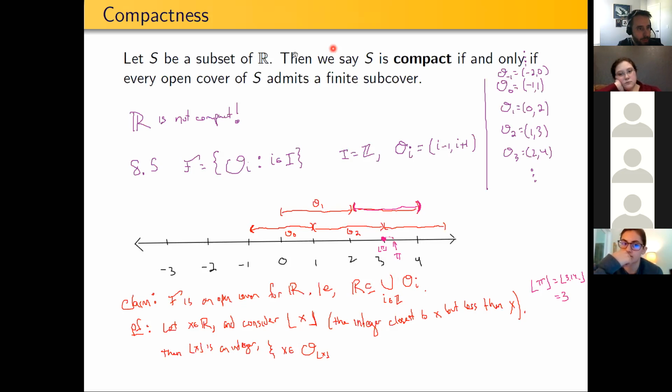So to put a bow on this proof, x is definitely in the union of all of these. And therefore, by definition, we can say that F covers R.